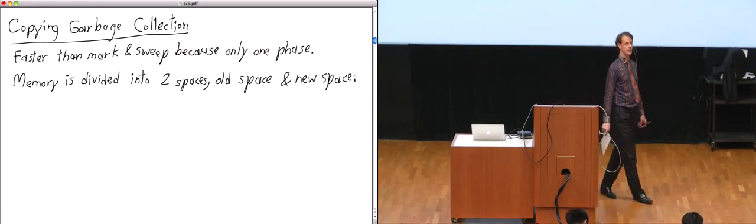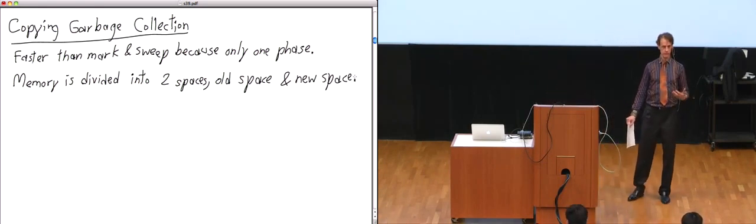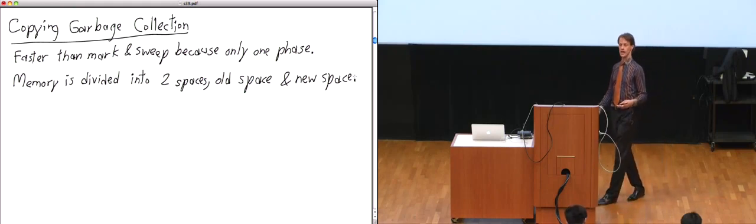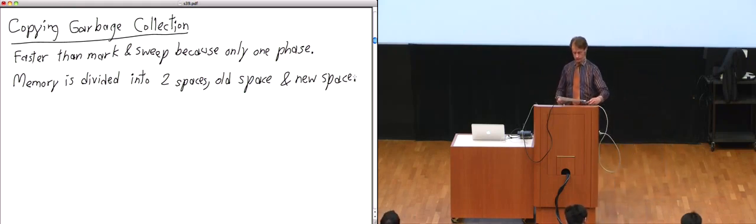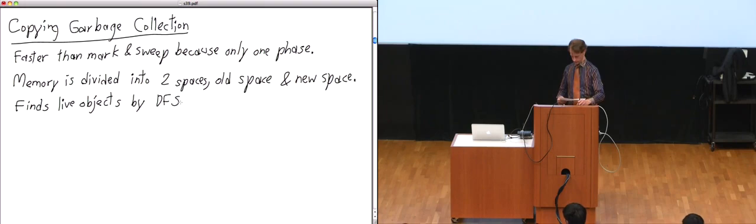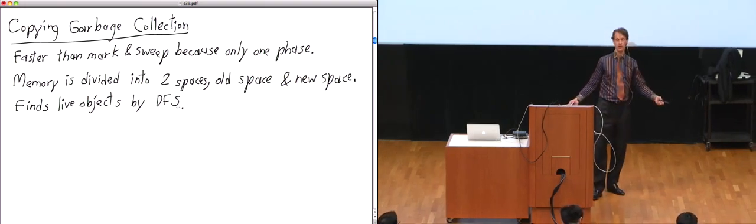So the copying garbage collector is going to find the live objects by depth first search, just like the mark and sweep garbage collector does. But it's not just going to mark them.